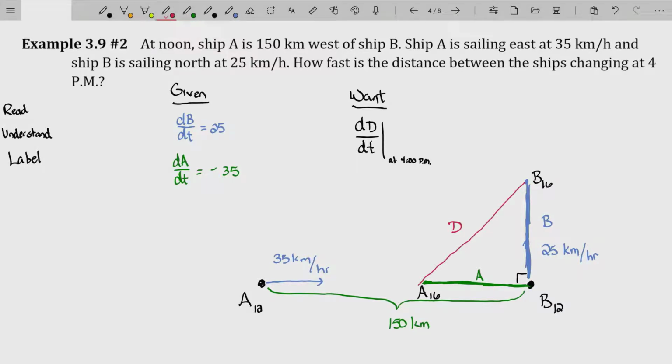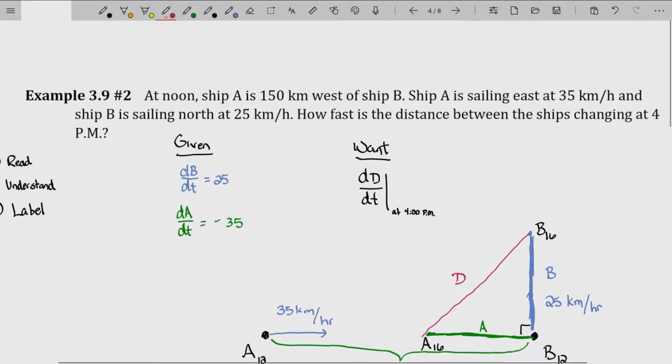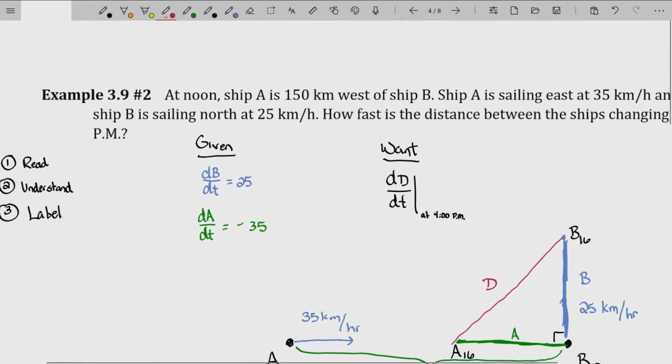Initially, at the very beginning, when boat A was way over here, boat B was actually right here, but let's just look at it this way. Initially, the boat's moving along. The distance is still shrinking at 35 kilometers per hour. It just has a long distance to go, but the rate never changes for the boat. Anyhow, so those are the givens, and we listed out what we want.